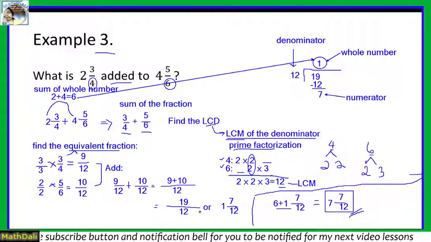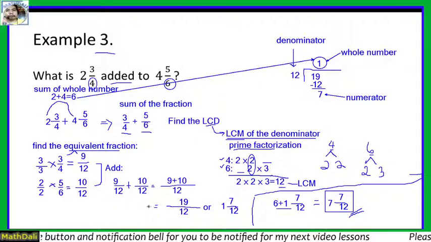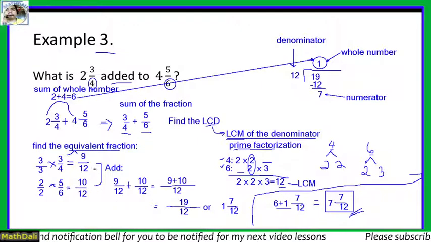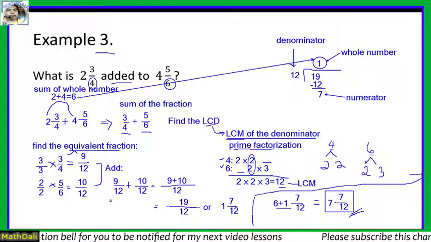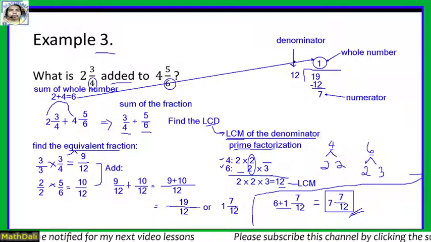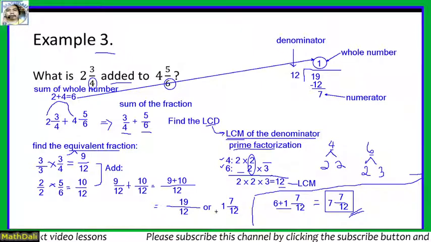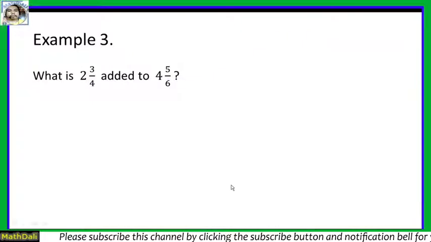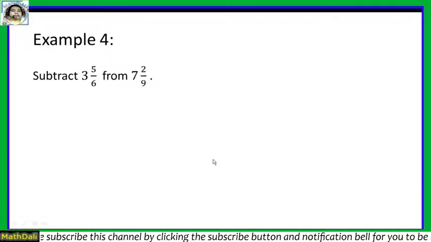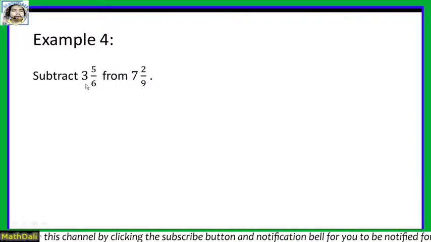Okay, then, next na tayo. Saka nyo i-add yung kanilang equivalent fraction. Then, going back, i-add niyo yung whole numbers na na-obtain niyo dito after nyo na i-simplify. Okay, next, number 4. Subtract 3 and 5 over 6 from 7 and 2 over 9.